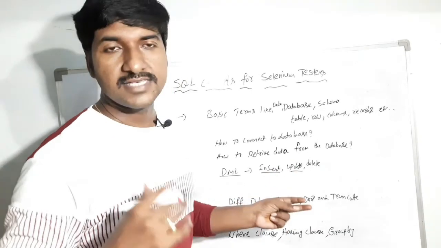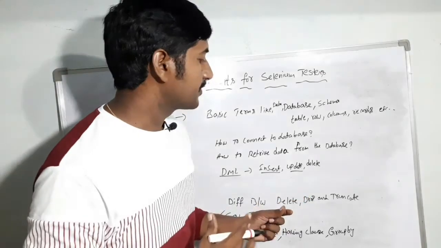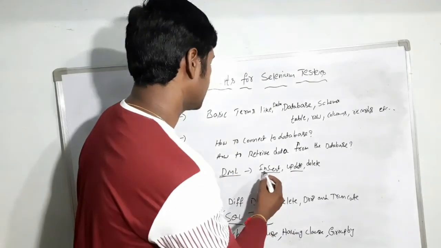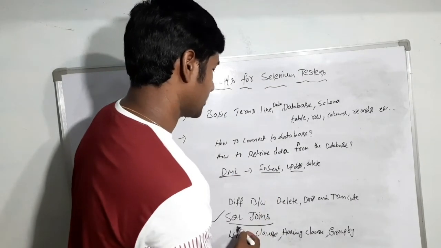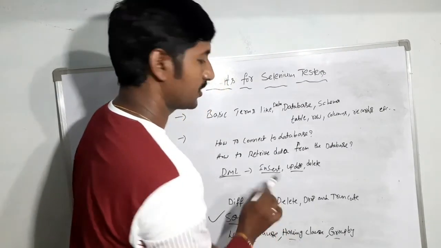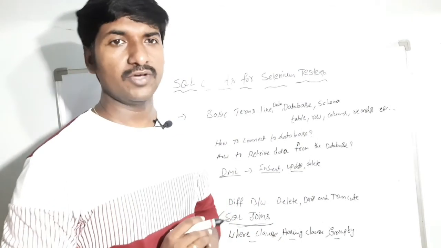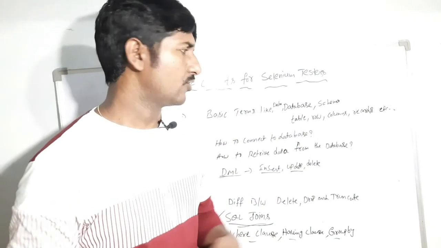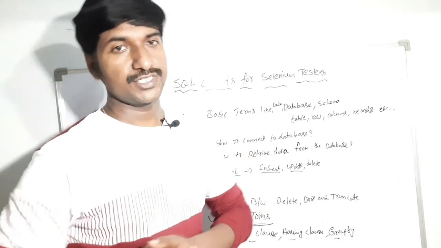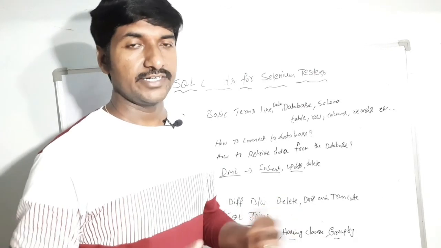But as a Selenium automation test engineer, from an entry point of view, you have to know DML commands, SQL joins, and how to use WHERE, HAVING, and GROUP BY. These concepts are enough to survive in the IT industry. I hope it is clear what SQL concepts are required for a Selenium automation test engineer to get a job in the IT industry.